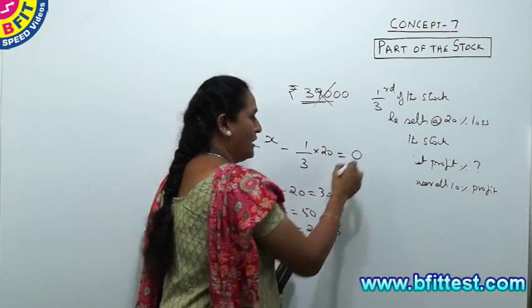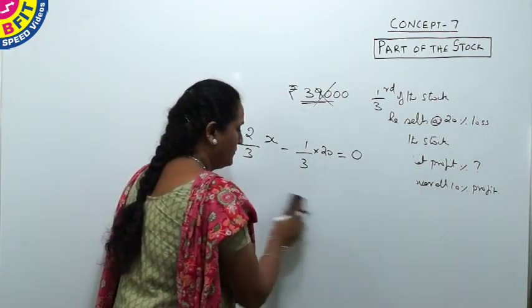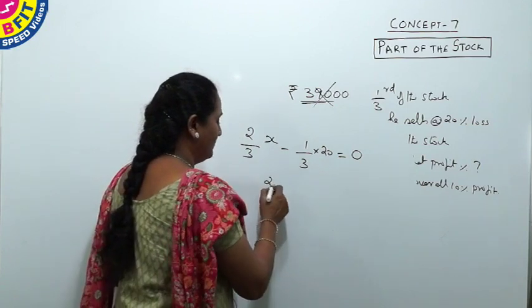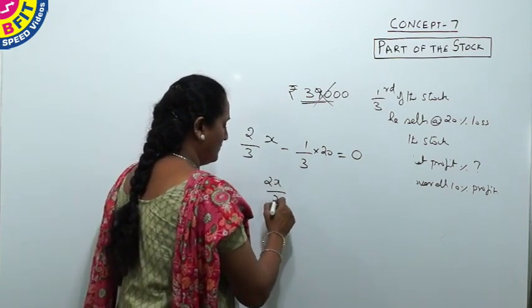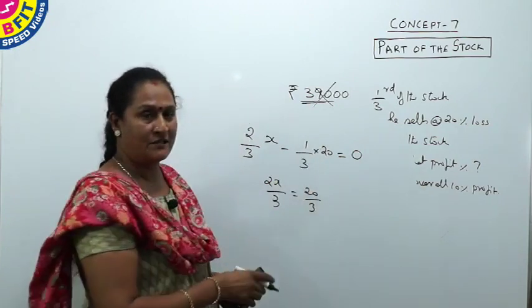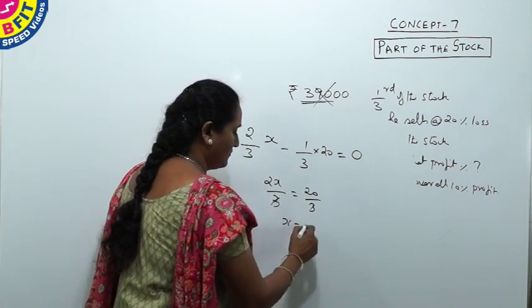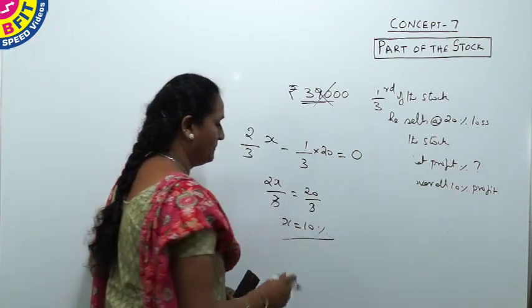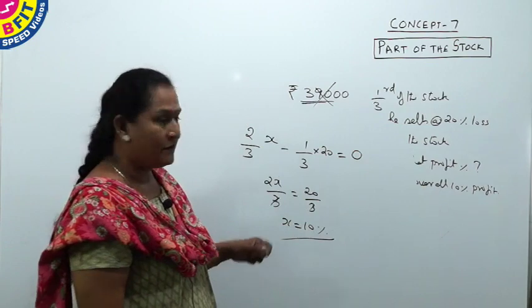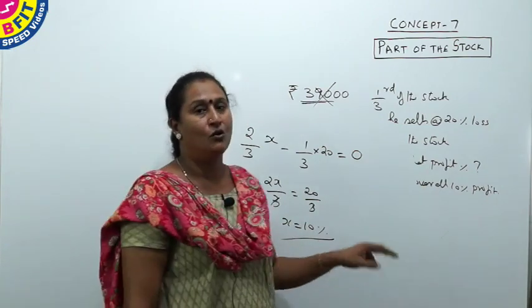No loss, no gain means we can equate it to 0. So now this will become, sending to the other side, this minus becomes plus, and cancelling. So he has to sell the remaining 2/3 of the stock at 10% profit to get no loss or gain.